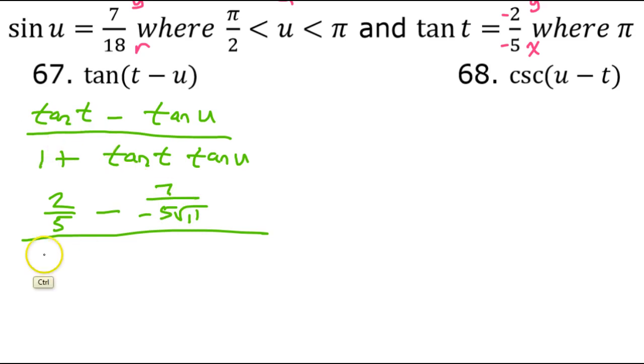Okay, now in the denominator I have 1 plus, okay, tangent of t we already saw was 2/5. And tangent of u we already saw was 7 over negative 5 radical 11.